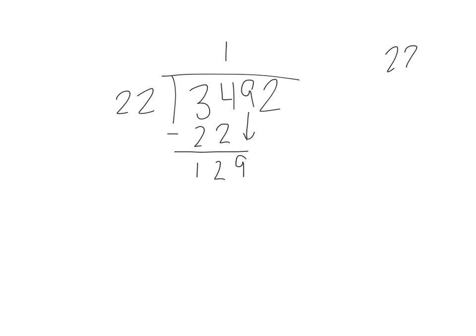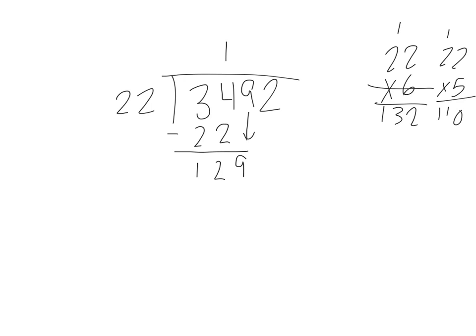So I will try 22 times 6 and see if it will go into 129. When I multiply 22 by 6, I get 132, which is greater than 129, so it cannot be 6 times. It must be less than that, so I will try 5 times, which is 110.